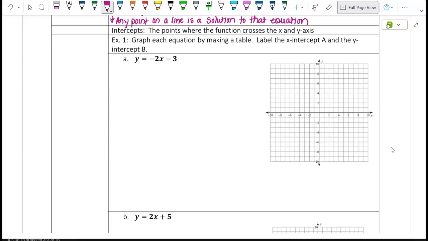All right, so steps. Step 1, write these out here in the margin. Choose any values of x from the domain to make a table.